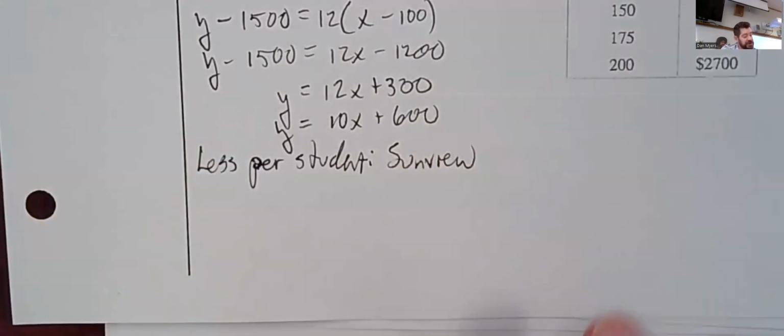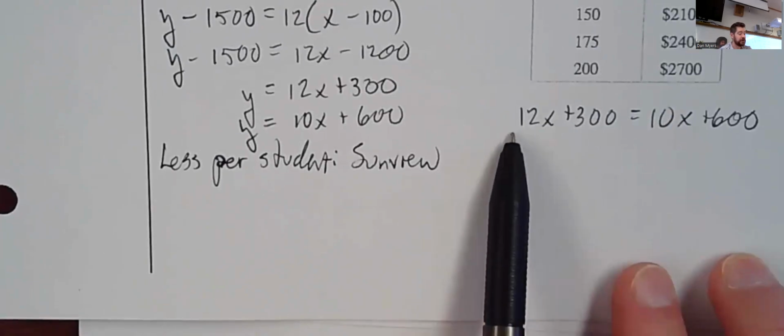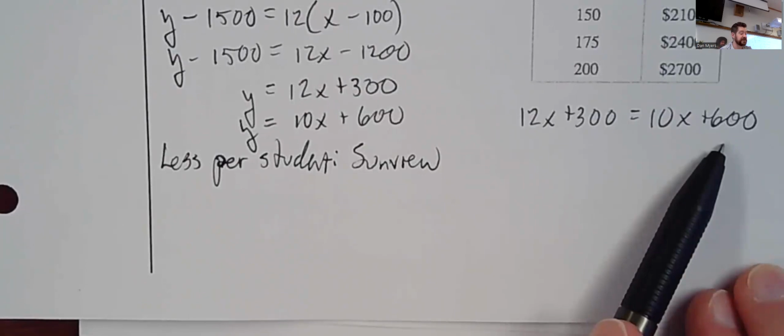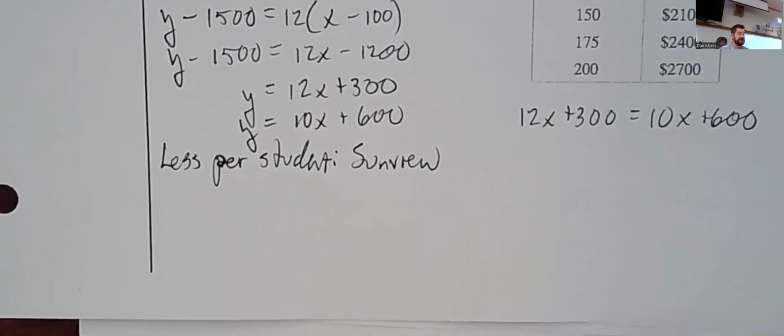Okay, so that's our equation. 12x plus 300 equals 10x plus 600. The cost for Lakeside is the same as the cost for Sunview over here.